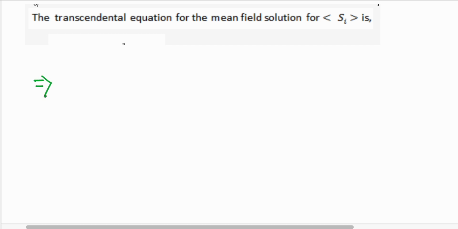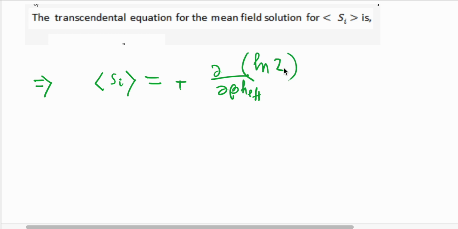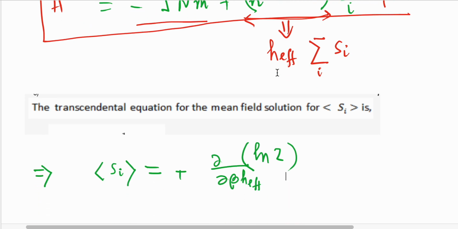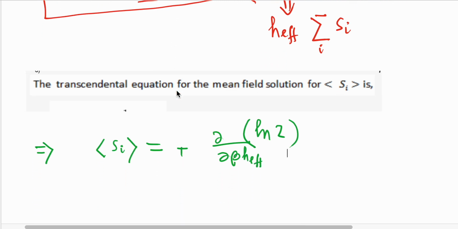We know that the average magnetic moment of Si will be minus del by del beta h effective of ln Z. So if we know what the h effective is and what the total Hamiltonian is, we can say what the mean field, the mean magnetic moment, is.